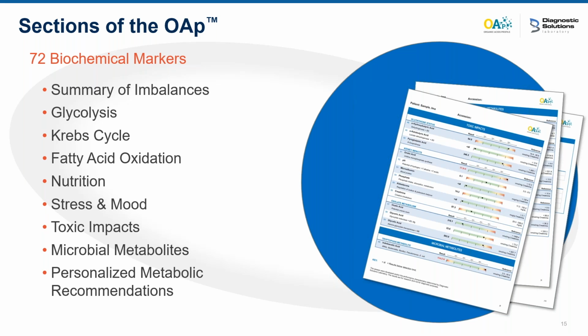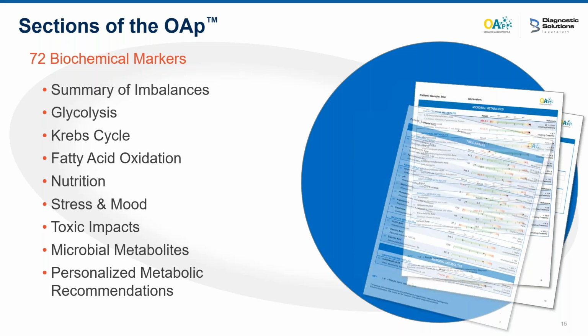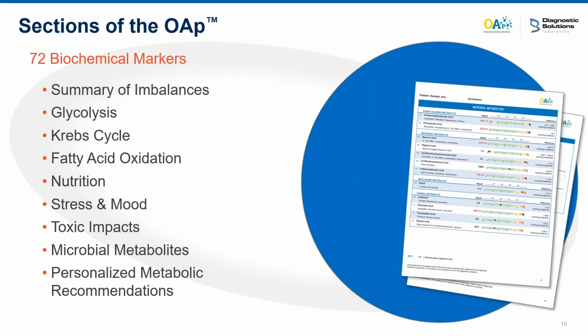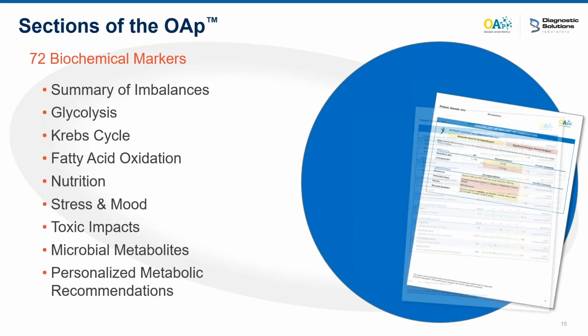We're checking on glutathione status, which is so important for the brain as well, which we are talking about today. And then lastly, we have microbial metabolites, like I mentioned. So you can take a look at what's happening with the gut microbiome through the lens of the organic acids. And lastly, there is a personalized metabolic recommendation. So this is kind of the bare bones, what is called for based on your patient's test result.